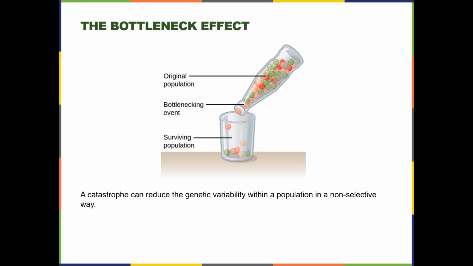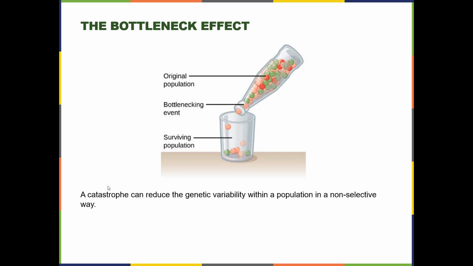The bottleneck effect is when you have a population, and in this picture they're showing that maybe these beads represent the different alleles in the gene pool for one gene. So let's say there's 3 different alleles, the pink, the red, and the green, whatever that is. Each individual can only have 2 alleles at a time, but in the whole gene pool you have this collection of alleles. And then some catastrophe happens.